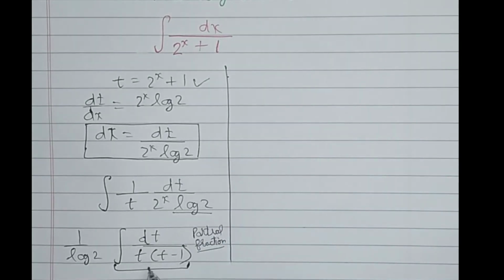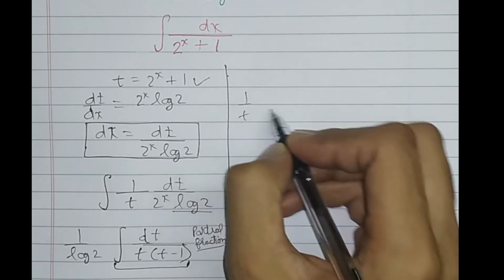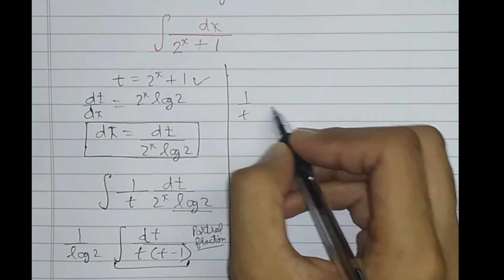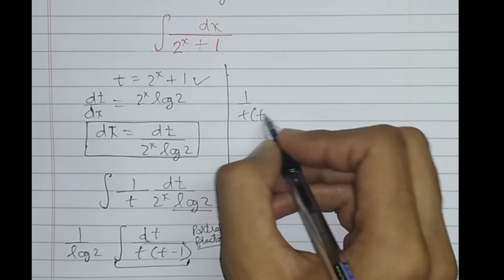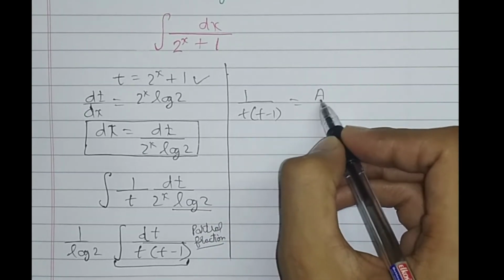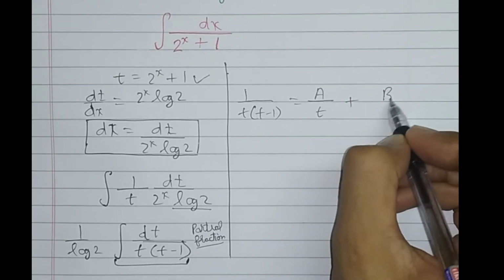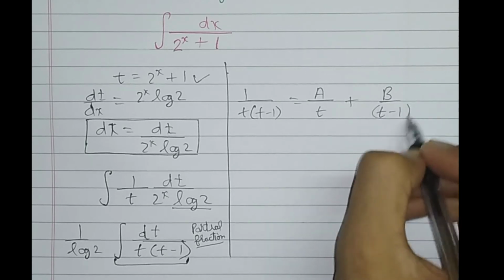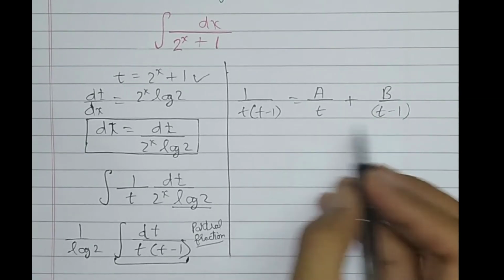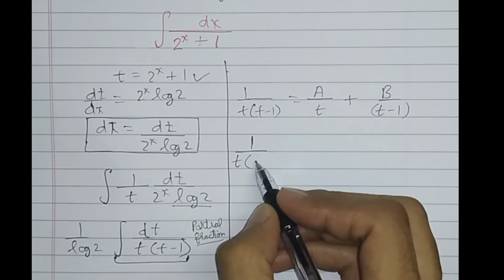Here I can see t into t minus 1. I will break 1 upon t times t minus 1 into some constant a upon t plus b upon t minus 1. Now I will take the LCM. The denominator will remain like that only.